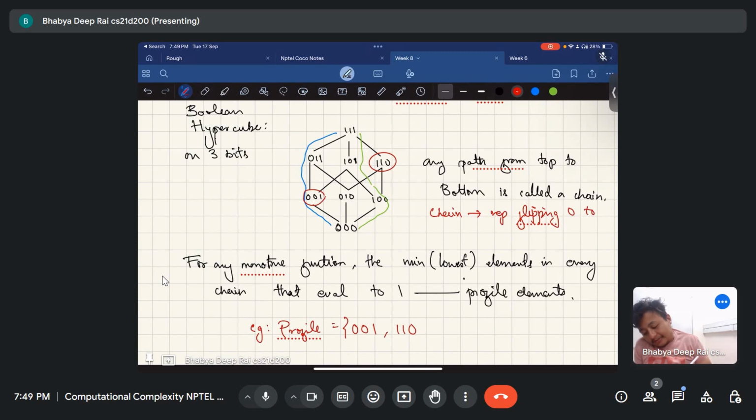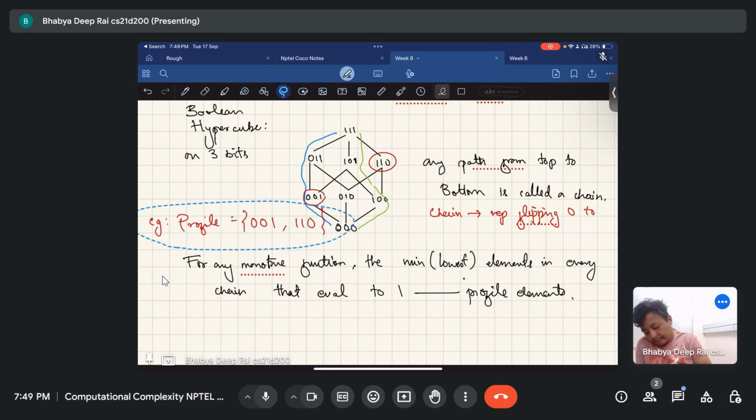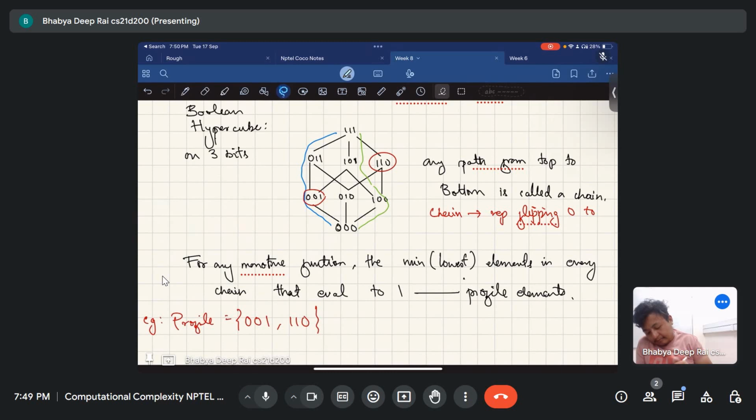Since 001 is the lowest element in the chain that evaluates to 1, f of 001 is equal to 1, and everything up that chain evaluates to 1: 001, 101 and 111.